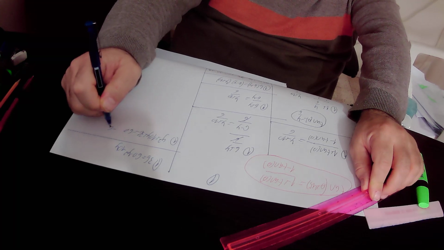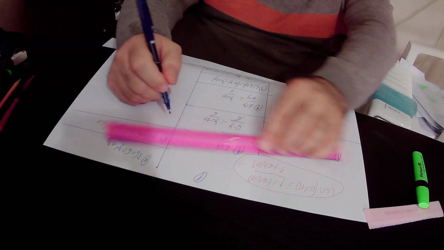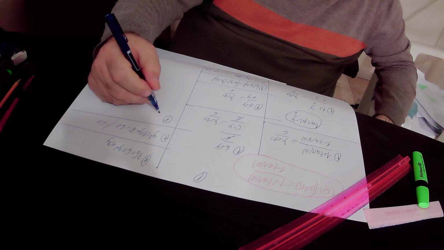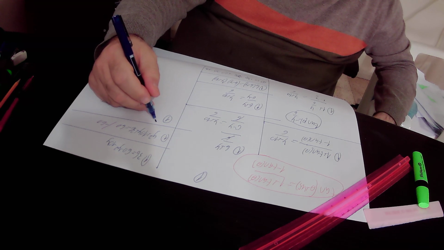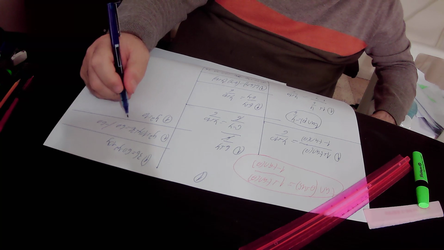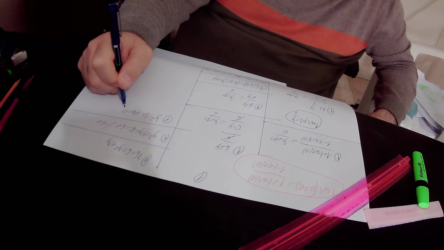We subtract 60, and we get y squared plus 10y, and 36 minus 60 is minus 24, equals 0.